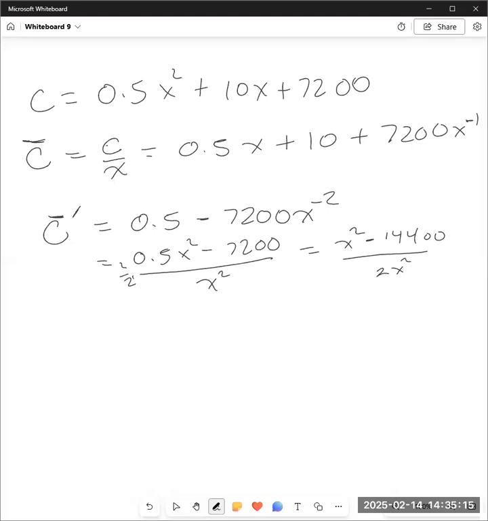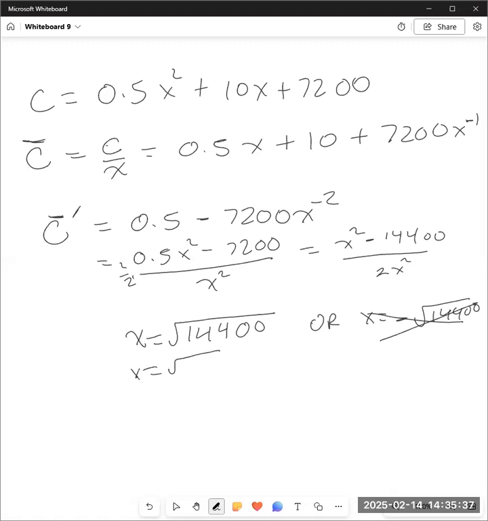So the critical numbers are x equals the square root of 14,400, or x equals negative the square root of 14,400. x can't be negative. x is going to be the square root of 144 times the square root of 100, which is 12 times 10, which is 120.